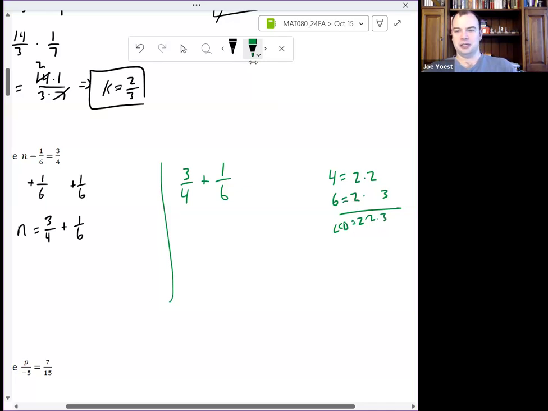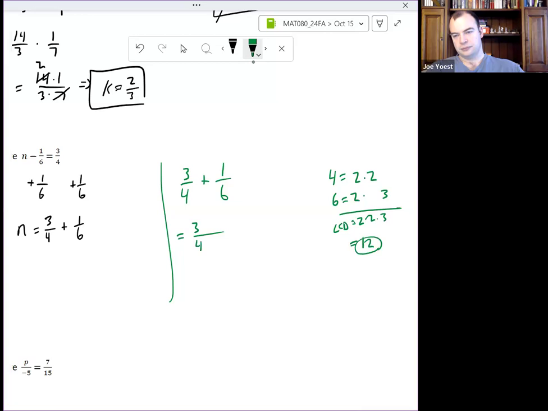So my LCD is 2 times 2 times 3, or 4 times 3, or 12. I want to rewrite each of these two fractions as equivalent fractions with a denominator of 12. 4 needs to multiply by 3 to make 12. So I multiply by 3 on the top and bottom of the 3/4. And 6 needs to multiply by 2. So I multiply by 2 on the top and bottom of the 1/6.